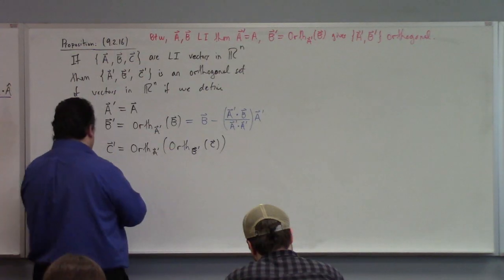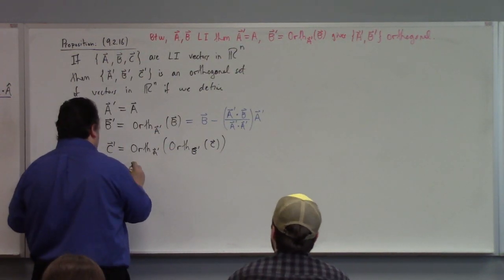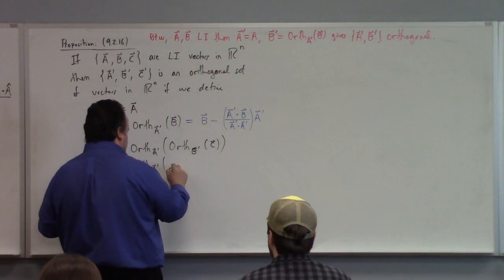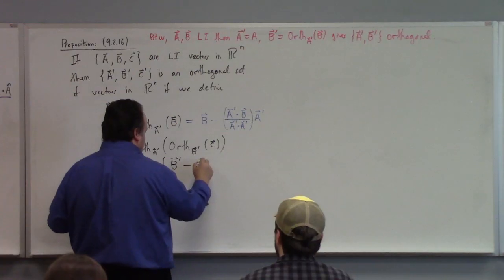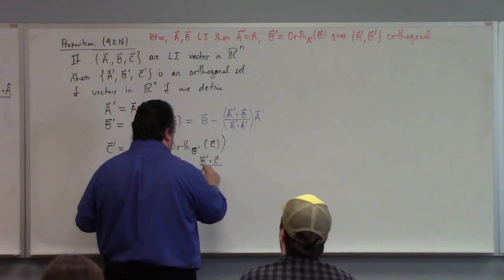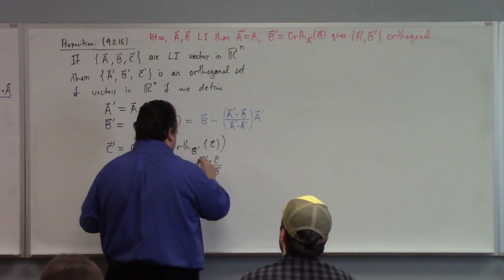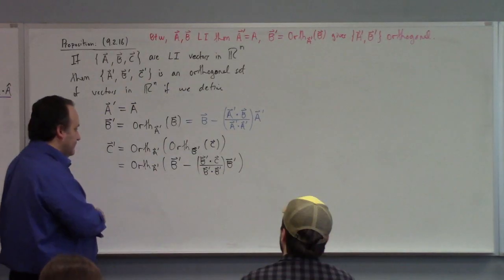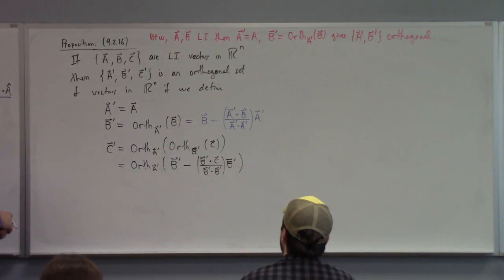Check this out. So this one, we have orth A prime. Now what's this? This is equal to B prime minus B prime dot C divided by B prime dot B prime, in the B prime direction. But how does that work?